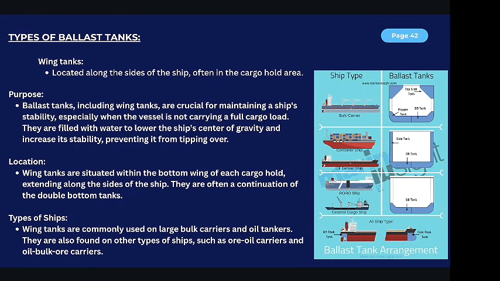Locations. The wing tanks are situated within the bottom wing of each cargo hold, extending along the sides of the ship, and are often a continuation of the double bottom tanks.